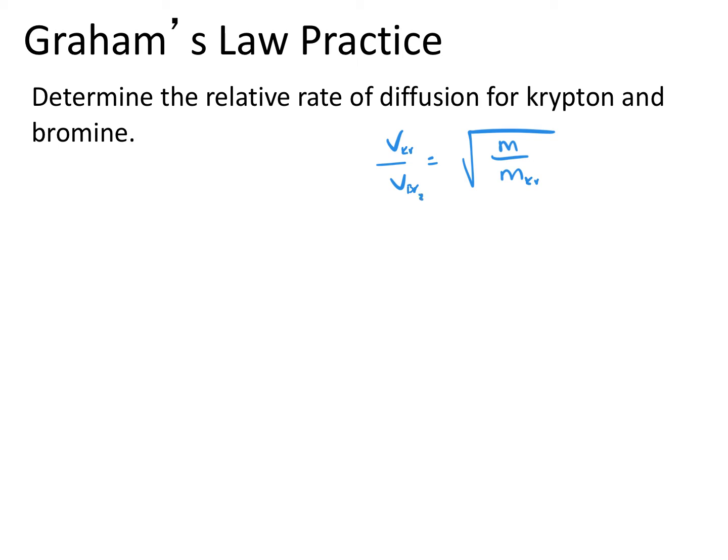So we have our gas molecules corresponding to bromine and krypton, and we want their relative rates. So we're solving for the relationship between these two rates.